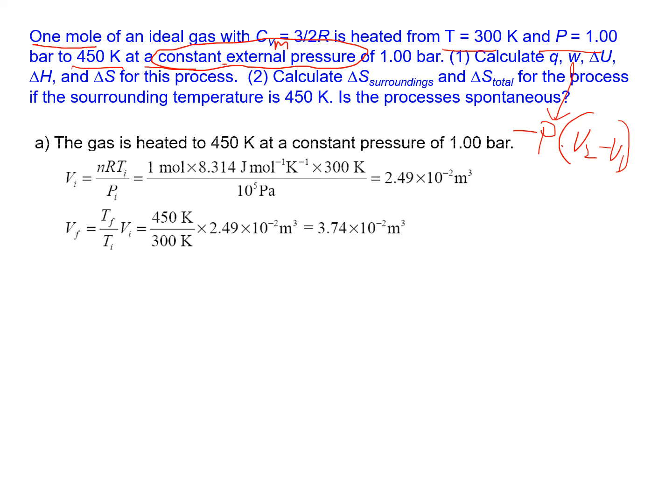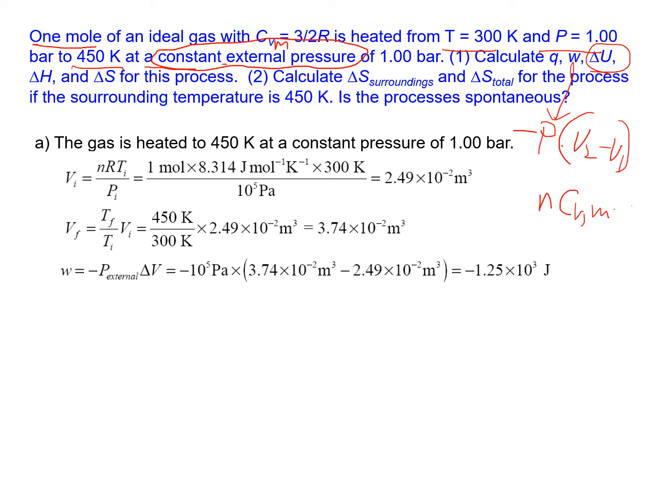Using the ideal gas law, we can calculate initial volume, final volume, and then negative external pressure times volume change. That gives you the final result, the work.